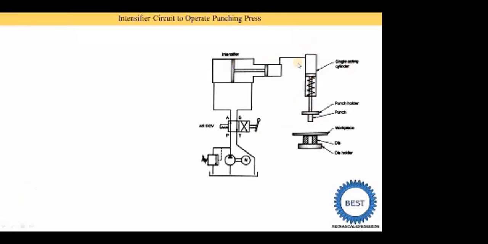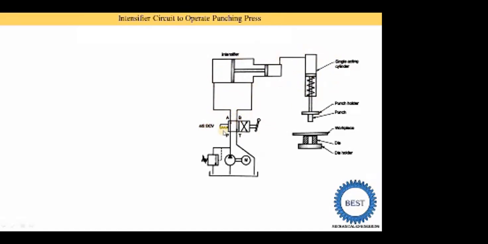In simple terms, in this circuit the intensifier is installed between the actuator cylinder and the directional control valve. Here you see the intensifier has two ports, and both are connected with this directional control valve. One side of the intensifier is connected with the A port of the directional control valve, and the other side with the B port.